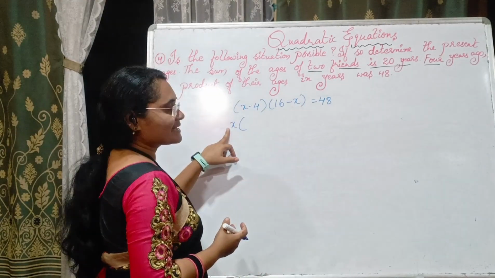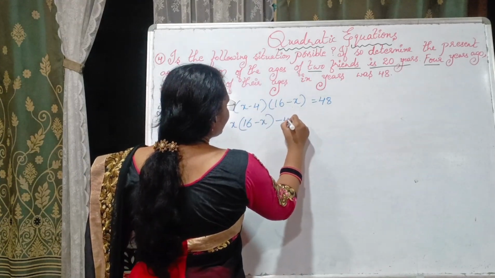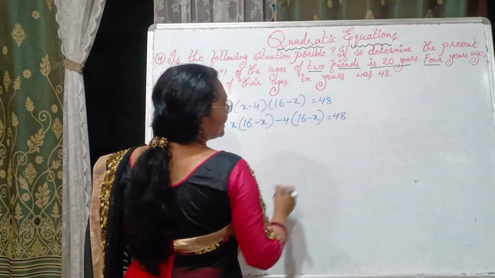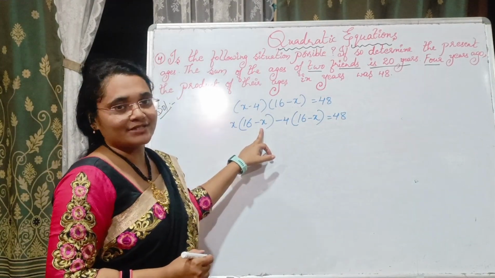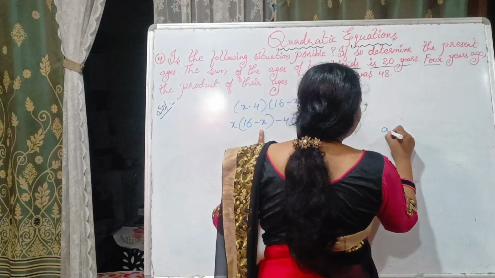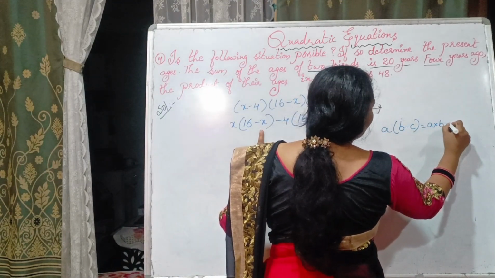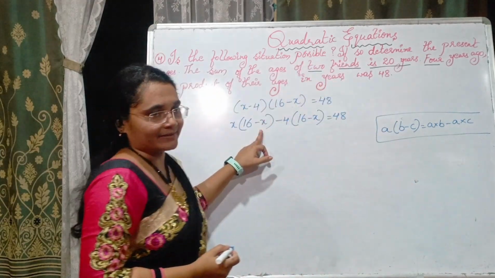First we multiply x with 16 minus x. Next we take minus 4 into 16 minus x, equal to 48. For x into 16 minus x, you already know the distributive property: A into (B minus C) is equal to A into B minus A into C. We are going to apply this property here.